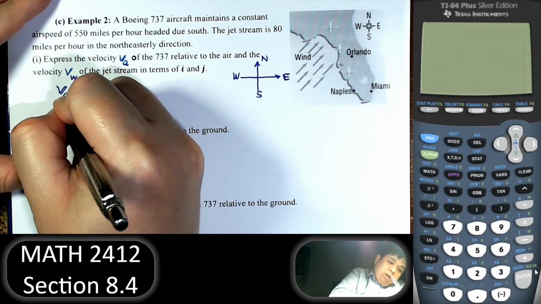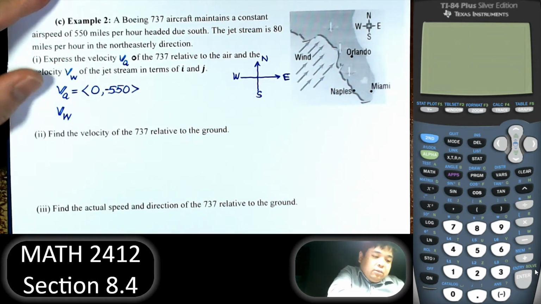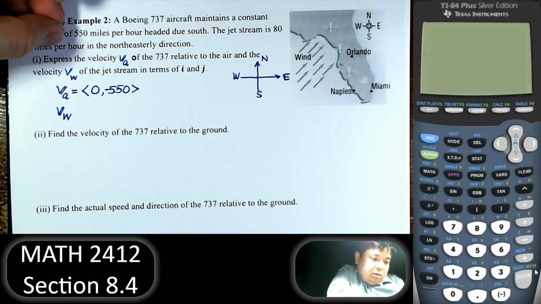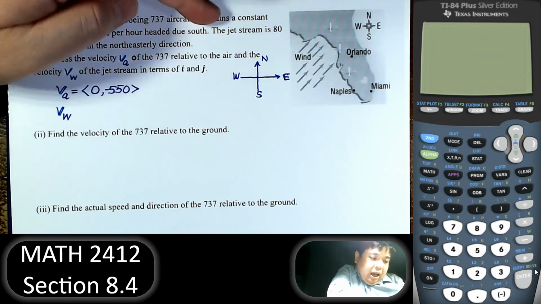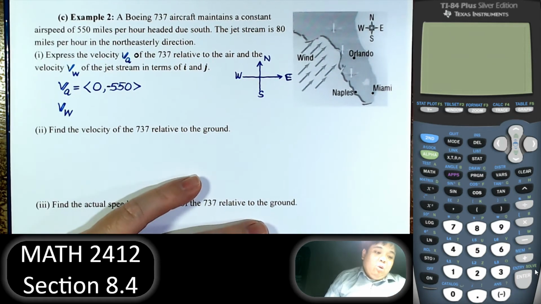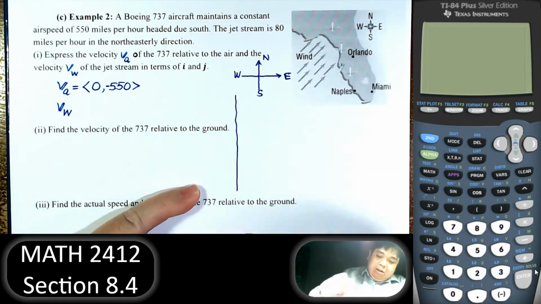Now the velocity of the wind is 80 miles per hour northeasterly. Well, that requires a little bit of work, and I'm going to write that here.